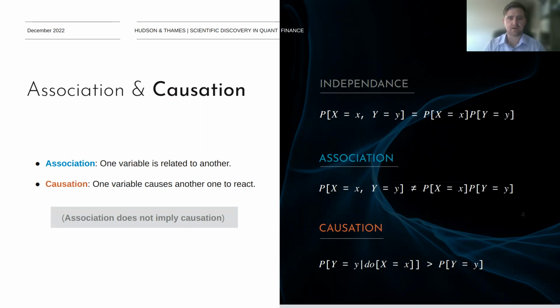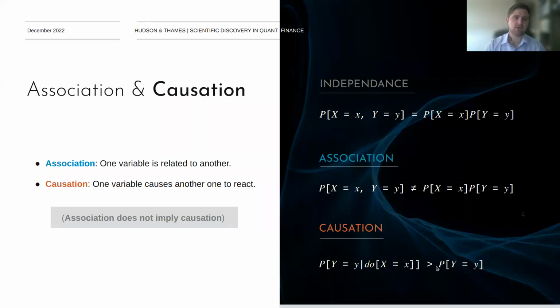What's also important to note here is that this is directional. It's not necessarily the case, if you reverse this, that the probability of X given do Y is greater than the probability of X; that need not be true.